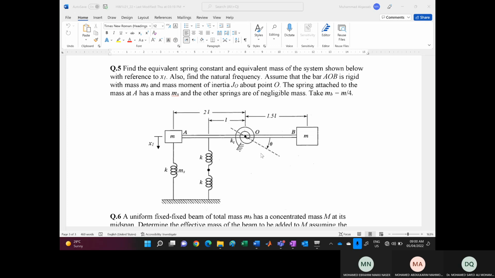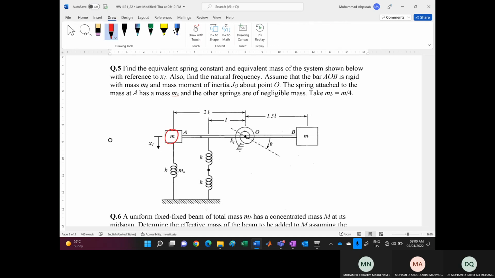Take MB equal to M over 4. We have M here, right? And the mass of the beam is equal to the mass given here over 4.